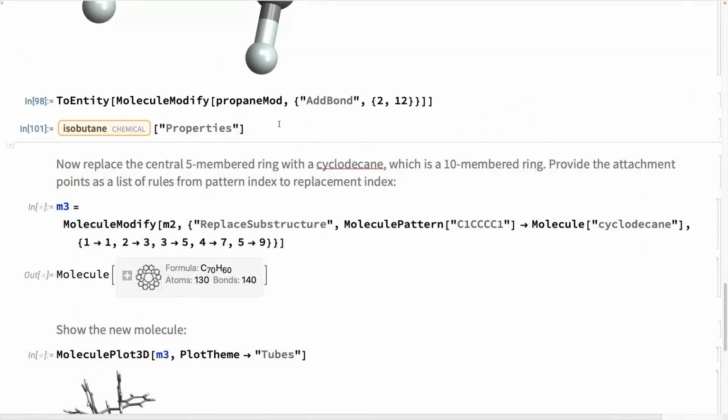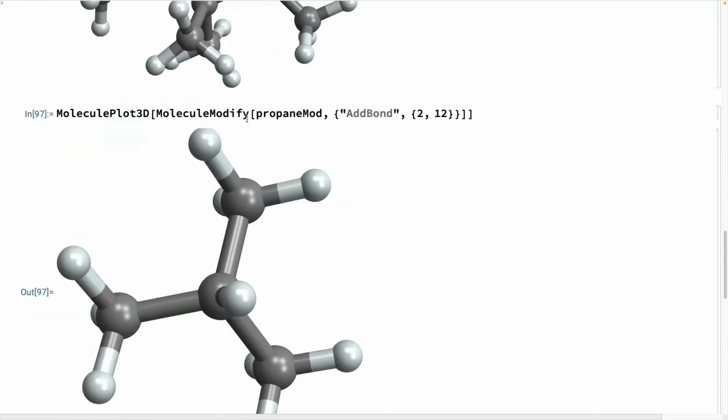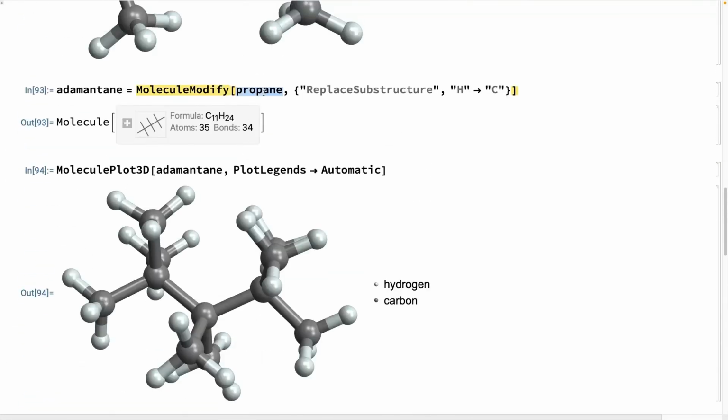So the important thing I kind of want to convey there is that all along the way, you stay working with something that's computable, with something that's symbolic. You're not ending up with a final product with which you can do nothing but look at it. You stay with something computable. So we started with propane.